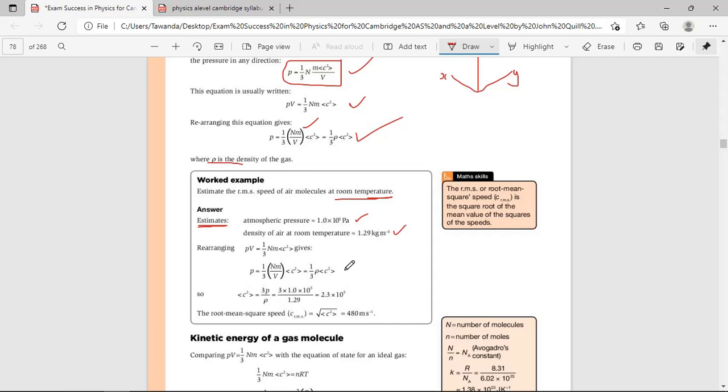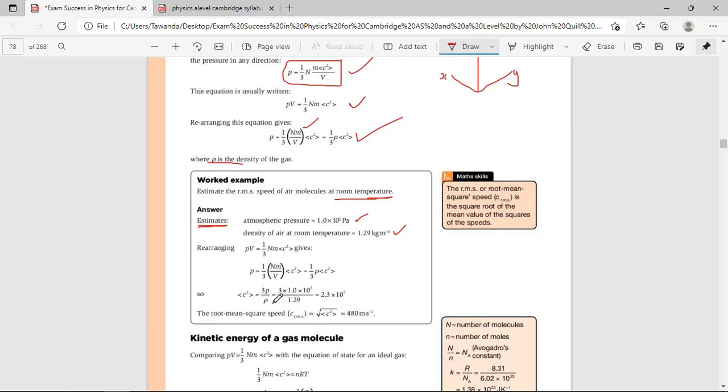Using this formula, you are going to rearrange, taking V to this side, and you are now going to have your density, this ρ. You make the mean square speed the subject.